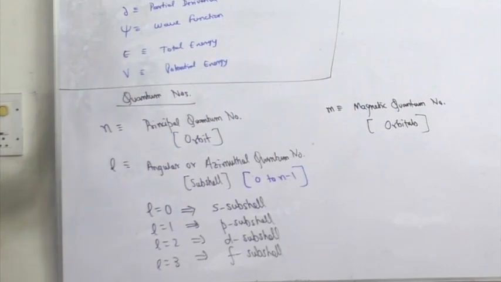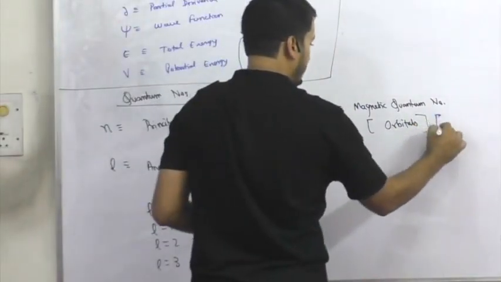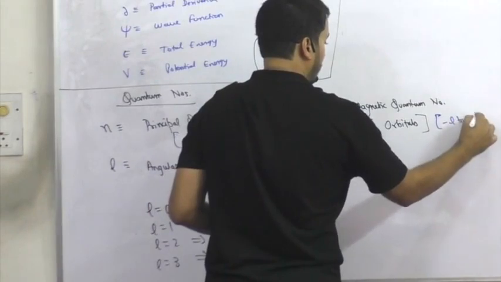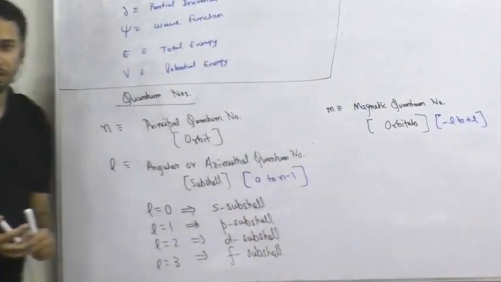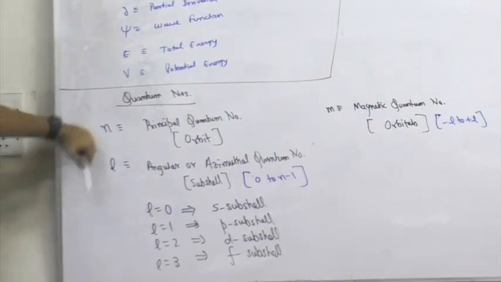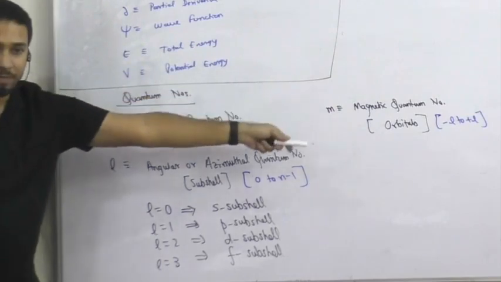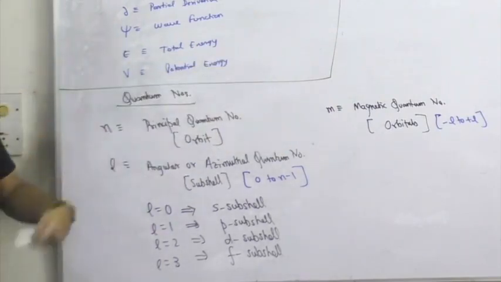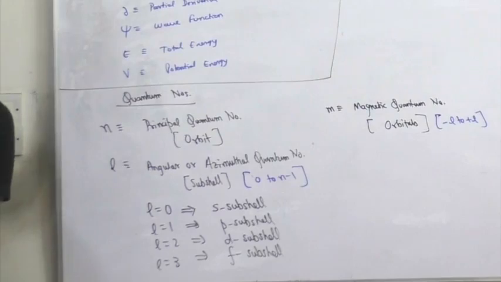I'll tell you what orbitals are. The range of M is minus L to plus L. Okay. So every value of L will have a range of corresponding values of M. The number of values of M gives us the number of orbitals in that subshell.